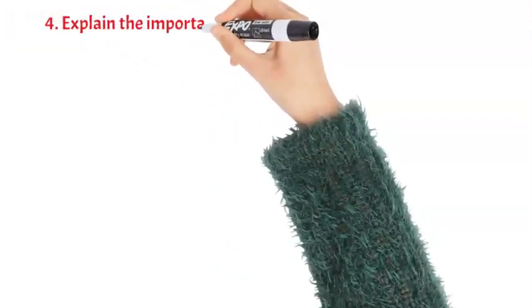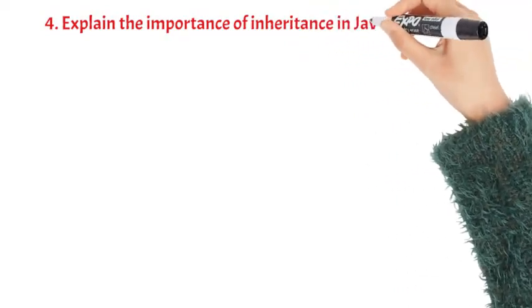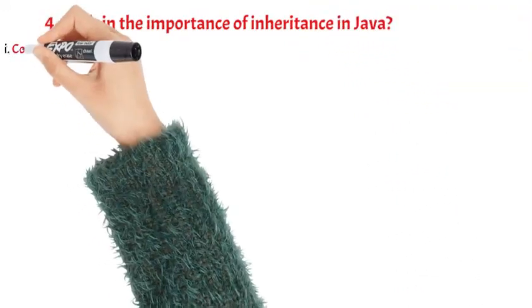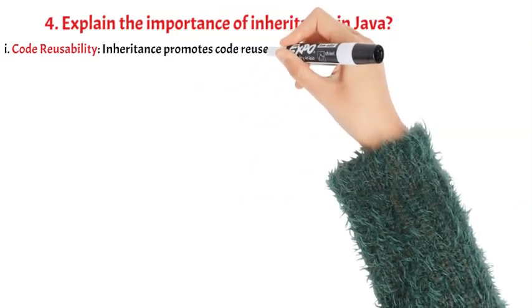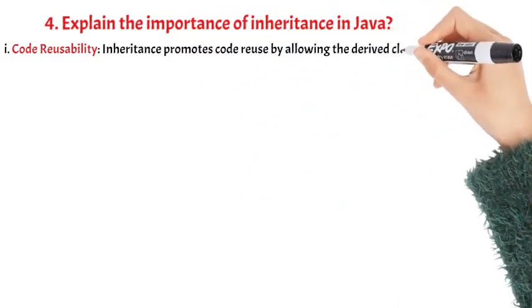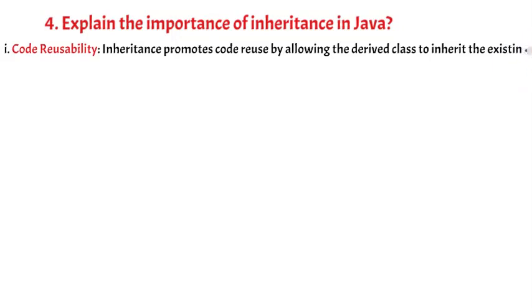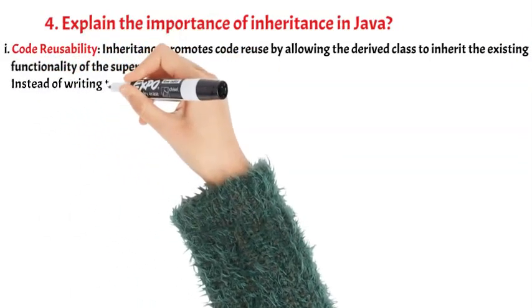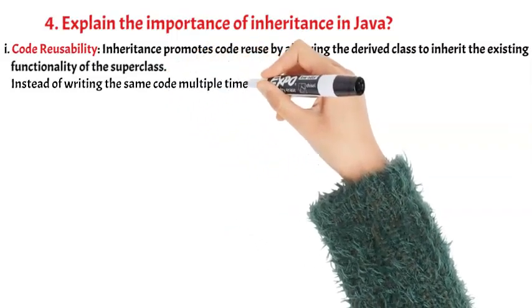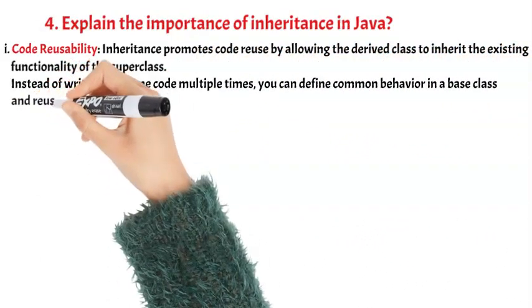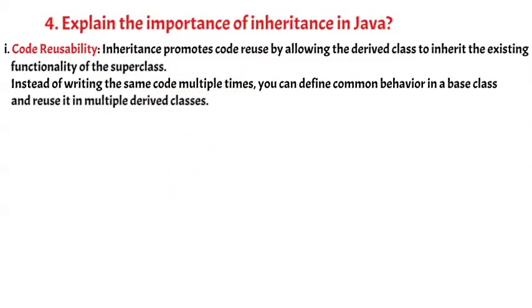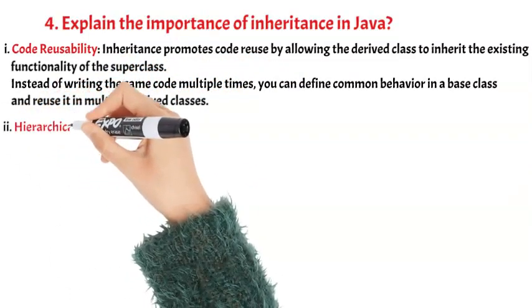4. Explain the importance of inheritance in Java. 1. Code reusability. Inheritance promotes code reuse by allowing the derived class to inherit the existing functionality of the superclass. Instead of writing the same code multiple times, you can define common behavior in a base class and reuse it in multiple derived classes. 2.